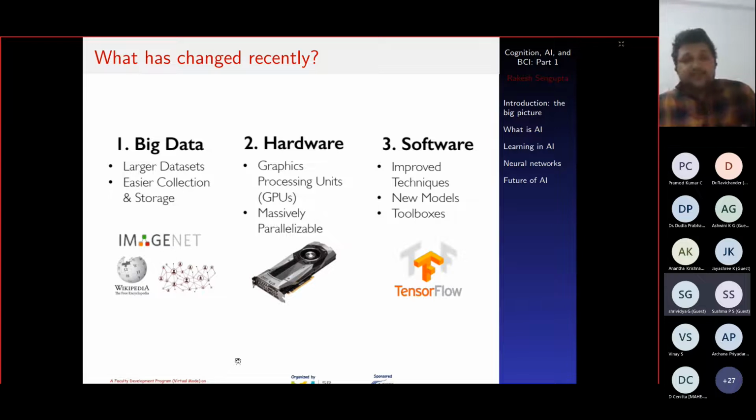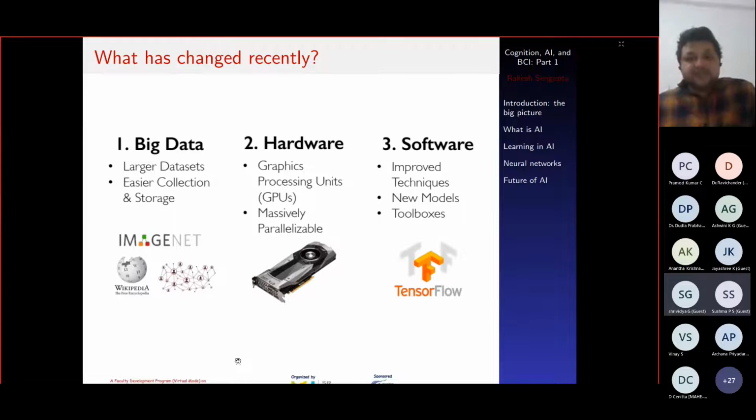We now have graphics processing units which can do multi-threading operations that were not thought of until 10 years back. The massive parallelizability of these GPUs offers something beyond what CPUs, even hardcore CPUs that we used just 10 years back, could offer.